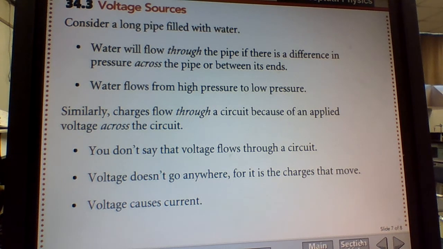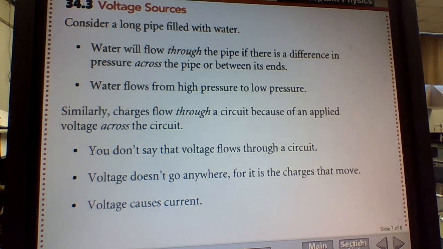Water flows from high to low pressure. Very similarly in a circuit, the charges or the current flows through the circuit because of the applied voltage, which is kind of like a pressure, across the circuit. So you're never going to say that the voltage flows through the circuit.